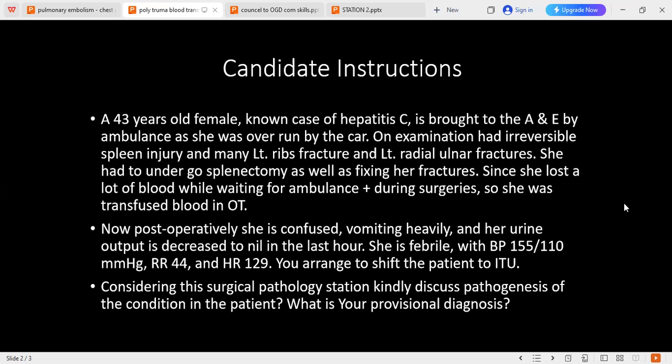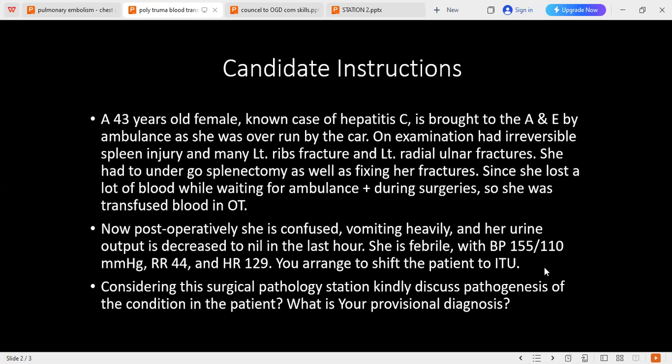Okay. Considering the scenario, she's febrile and her vitals are given here. At what grade of shock would you consider this patient to be? It may be septic shock, grade 3 to 4. All right. This patient was planned to move to intensive care unit.